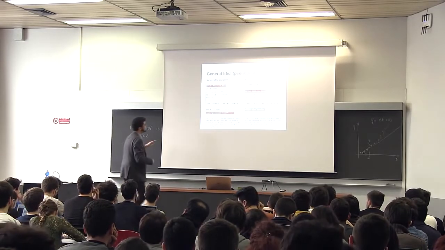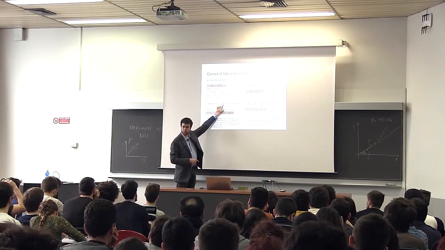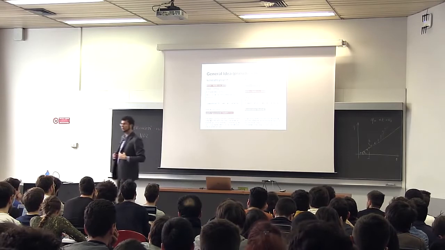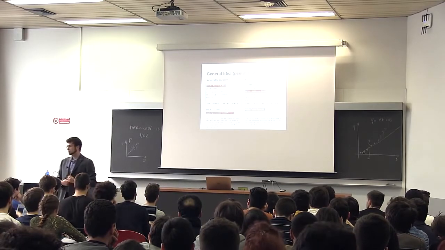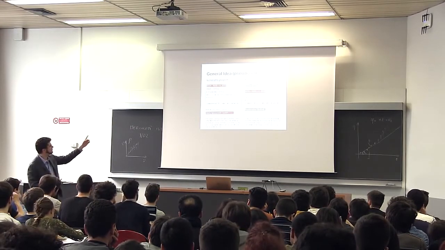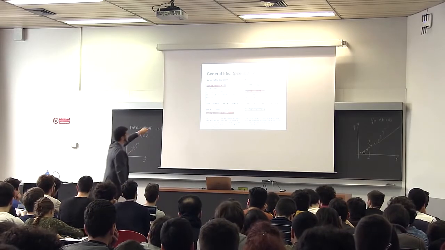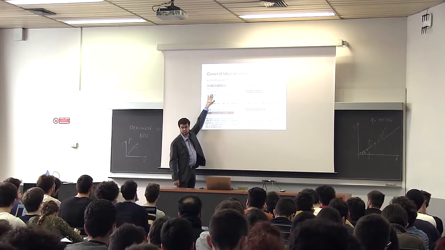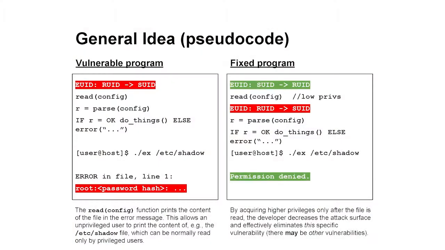So what happens if I pass to this program as a configuration file a file that can only be read by root? What's going to happen there? What's going to happen is that it is going to be able to actually read it, because it has the root privileges. It will process this file, which is not its configuration file. It's something else. And it will say, whoops, nope, this is not my configuration file, and print out an error.